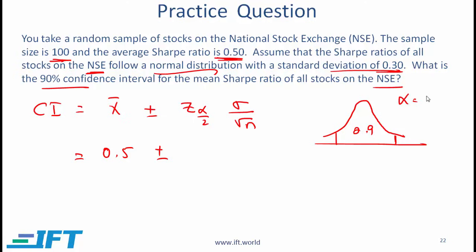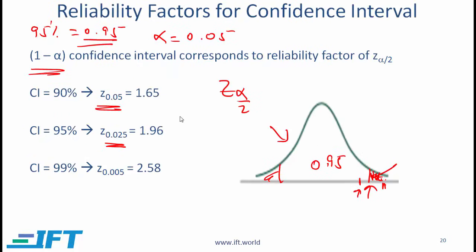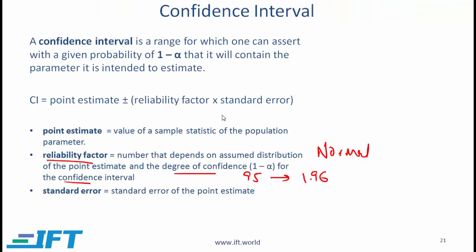Our alpha is equal to 0.1, which means that we have 0.1 probability in the two tails. In one tail over here, we'll have alpha over 2, which is 0.05. So if this probability is 0.05, then the Z value over here is going to be 1.65. So 90% confidence, Z value or the reliability factor 1.65.